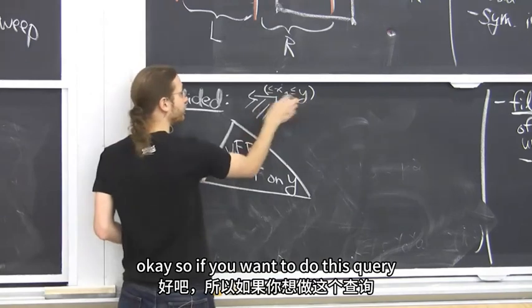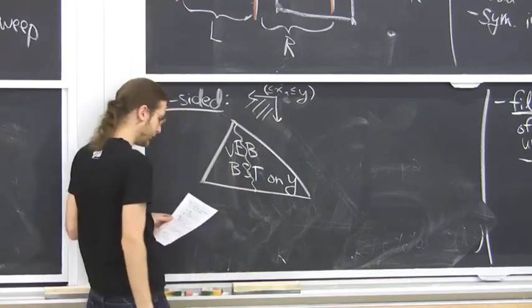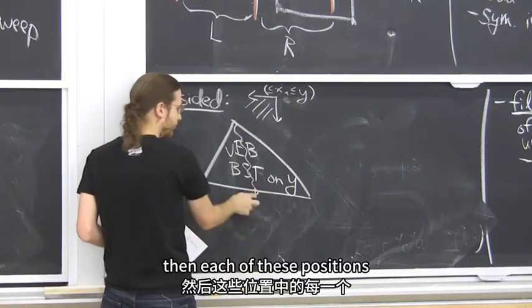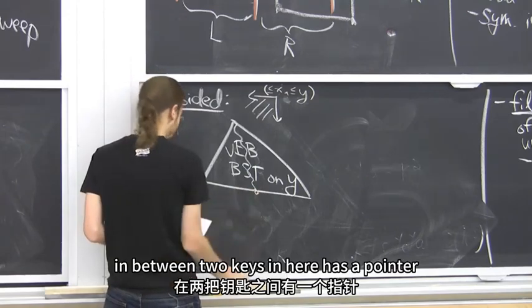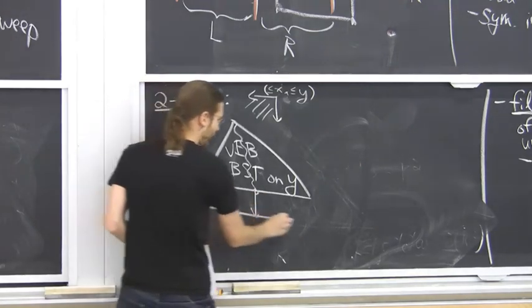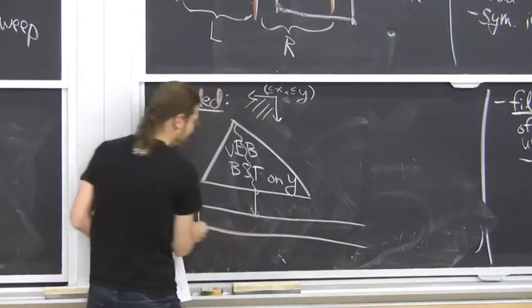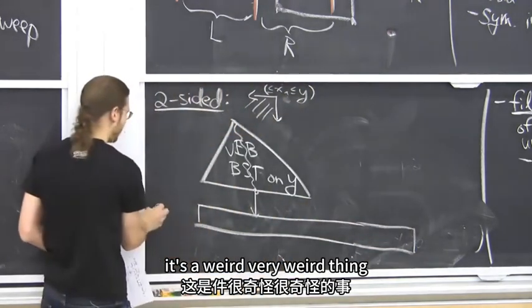So if you want to do this query, you search for that value of y. Then each of these positions, in between two keys in here, has a pointer to an array. The array is not sorted by x or y. It's a very weird thing.